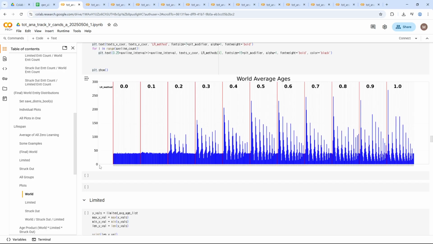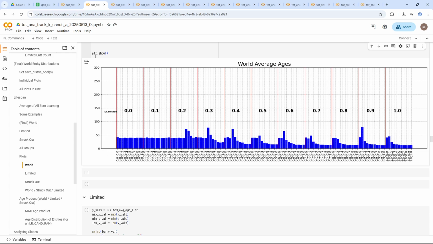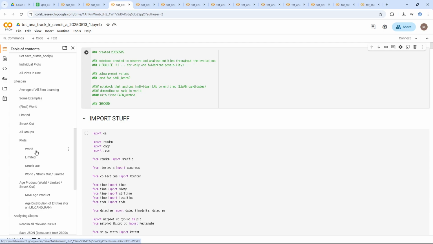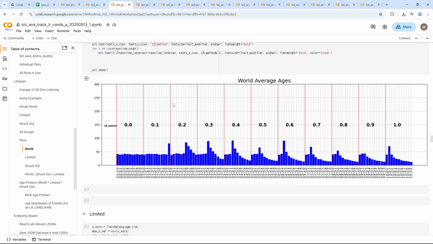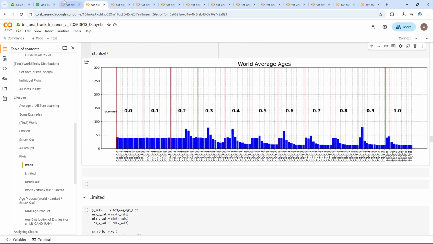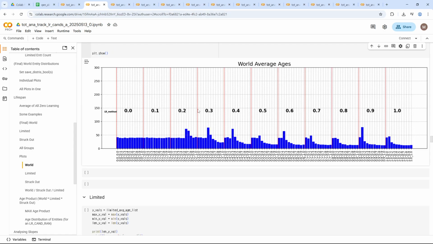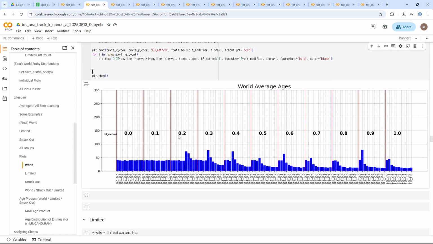As you can see, it starts from 0 and ends at 300, and that is the same for the other notebook files as well, so that the difference is more noticeable. So that's the difference there.